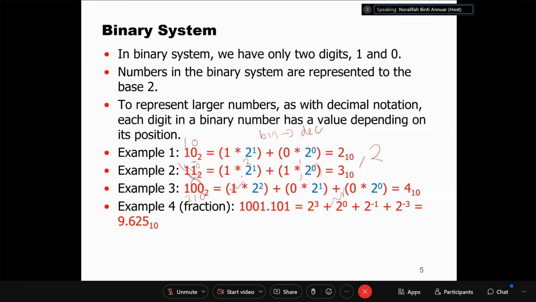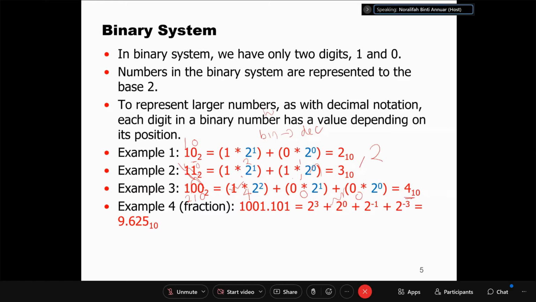Then 0 multiplied by 2, the position of this 0 is at position 0. So then you add up. 2 to the power of 2 is 4. 0 to the power of 1 is 0. Anything that multiplied by 0 will get 0. So 4 plus 0 plus 0 you get 4.